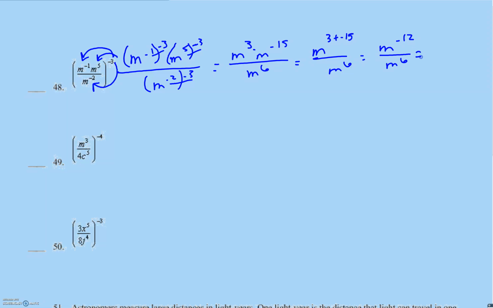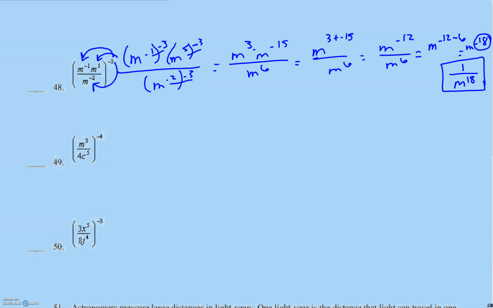Now we're dividing powers with the same base, so we take m to the negative 12 minus 6. M to the negative 18th power. We don't leave a negative exponent, so we move it to the denominator and make it positive. And we get 1 over m to the positive 18th power.